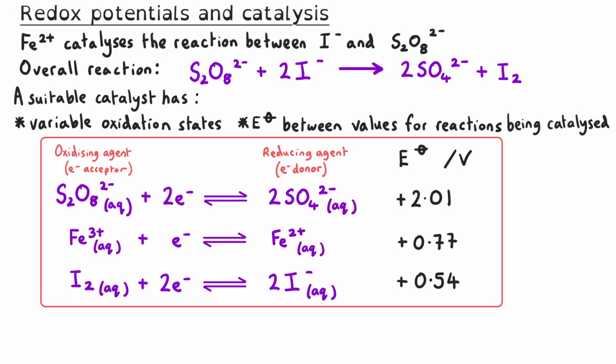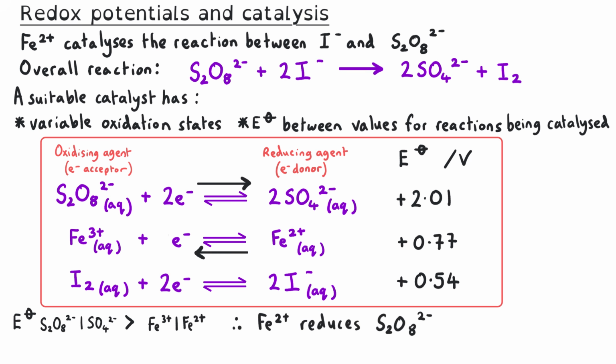The electrode potential for iron 3+ gaining an electron and turning into iron 2+ is 0.77 volts, and this is really crucial that it's between those other two, because the peroxodisulfate electrode potential is greater than the iron 3+ electrode potential, and therefore iron 2+ is able to reduce peroxodisulfate, and in fact the E cell would be 1.24 volts.